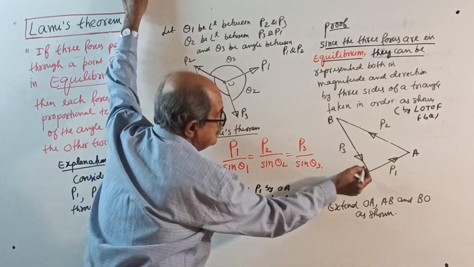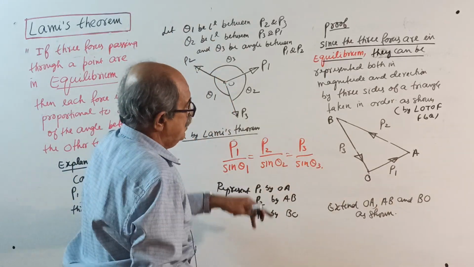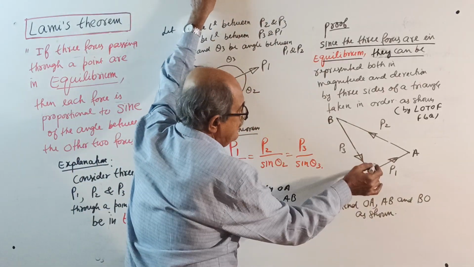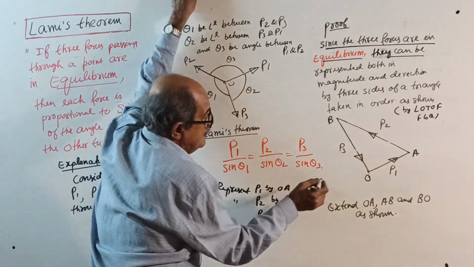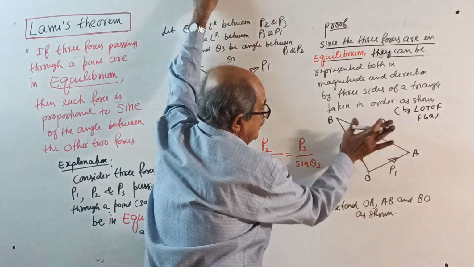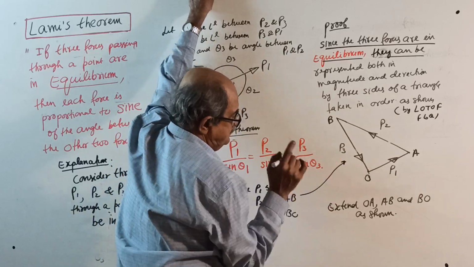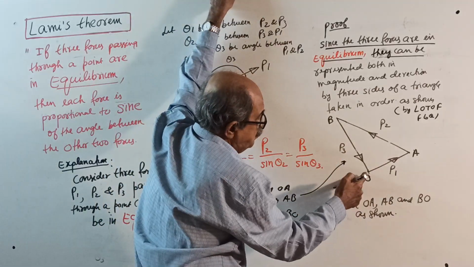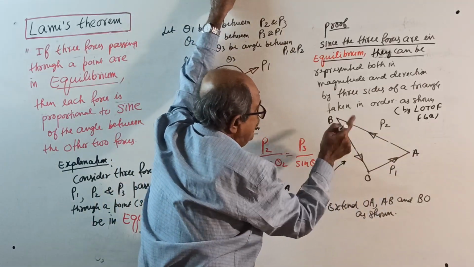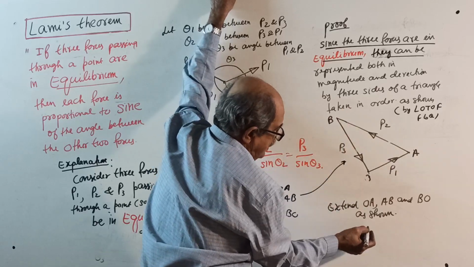So finally, it should come back here. Then extend in the same order. Write this sketch after the statement. Then write: extend OA, AB and BO in the same order, as shown.